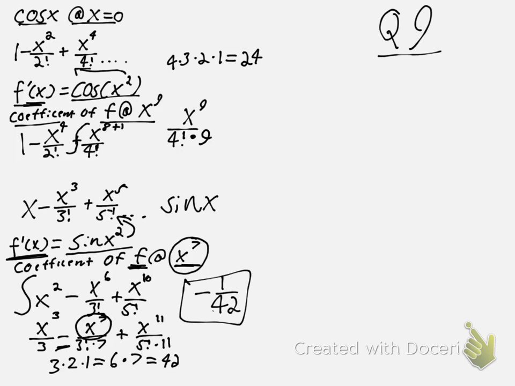And so now we're going to have 24 times 9, which is equal to 216, I believe. And so now that we have this value, this is what's on the bottom. So now my coefficient of f at x to the 9 should be equal to 1 over 216.